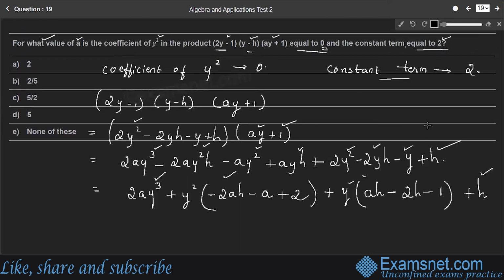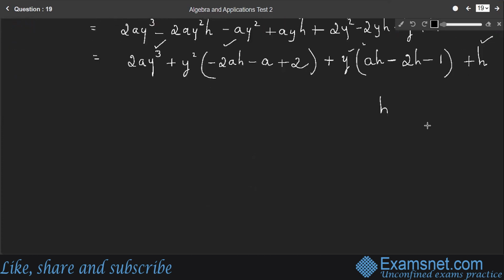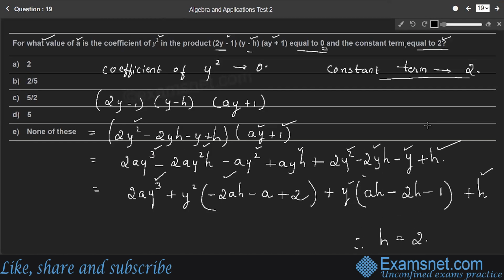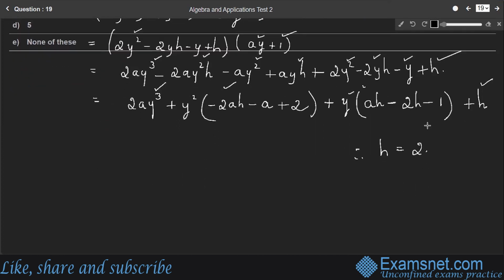Given that the constant term is 2, therefore the value of h is 2 here. Therefore, h is equal to 2. And given that the coefficient of y square is equal to 0. So what's the coefficient of y square? Minus 2ah minus a plus 2, which is equal to 0.